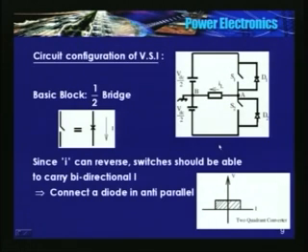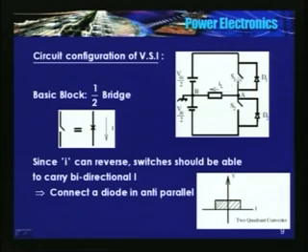Current should be able to flow back into the source. So I need to connect an anti-parallel diode across the switch, D1 across S1, similarly D2 across S2.